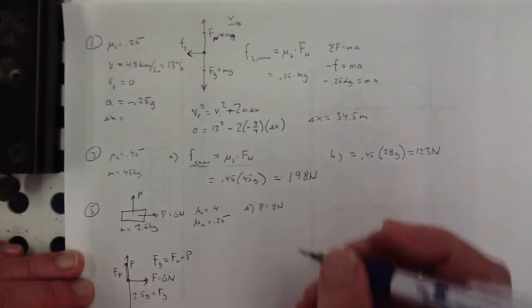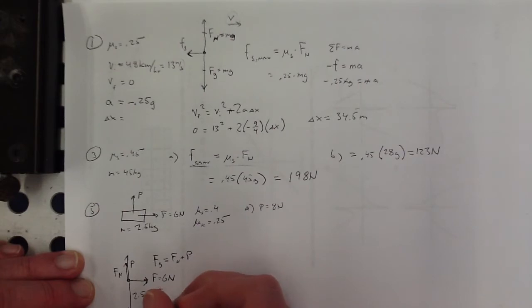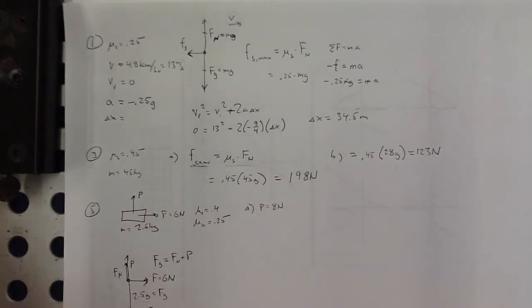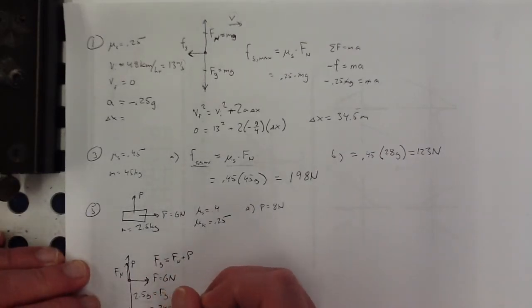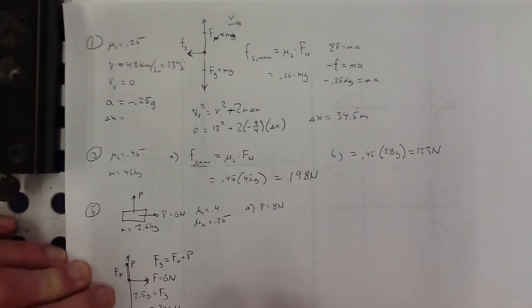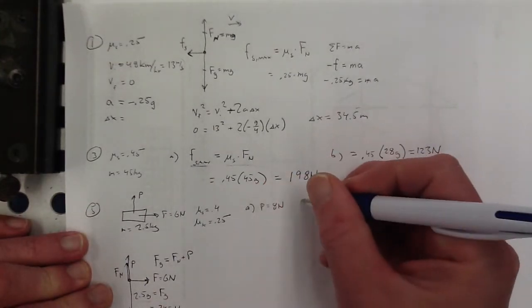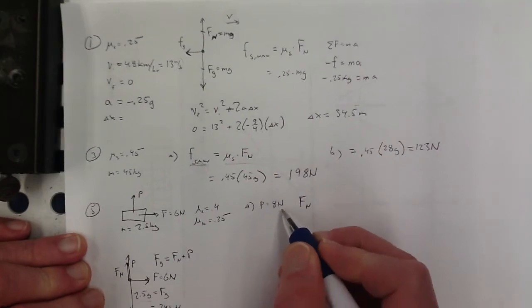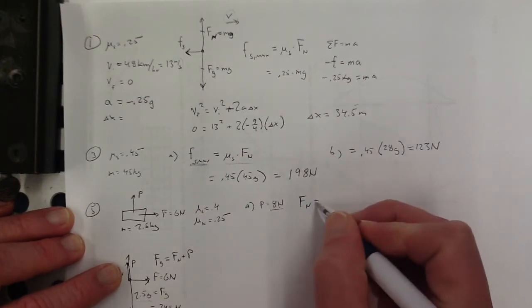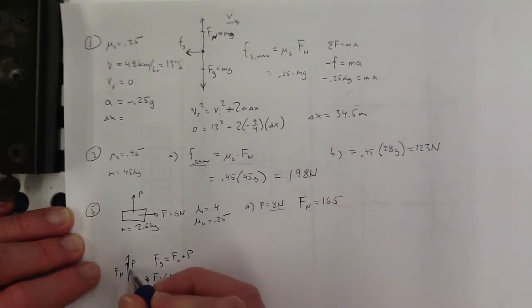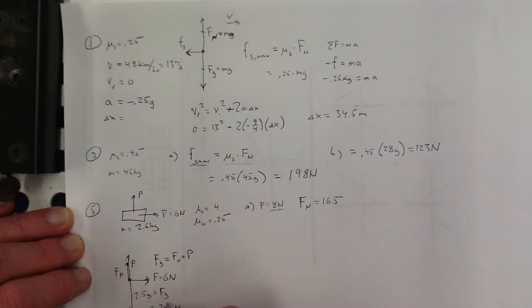So for part A, the pulling force, let's just get a number on this 2.5 G, 2.5 times 9.8, that is 24.5 newtons. So in this one, the normal force, since this upward pull is 8 newtons, and this is 24.5, this would have to be 16.5, because those must be balancing this.